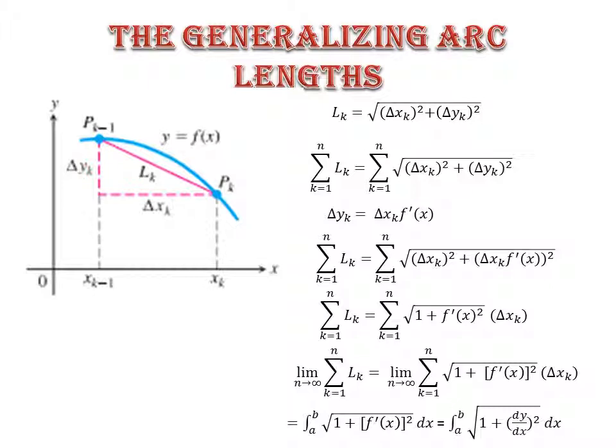It can also be written in a second form, which is the integral from a to b of square root of 1 plus dy dx squared. Don't get too confused. With one we differentiate with respect to x, and with the other we differentiate with respect to y.